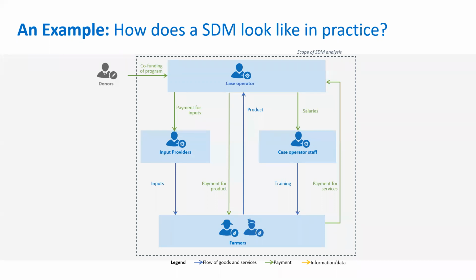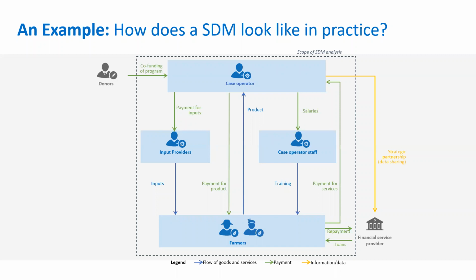Then again, for a lot of SDM operators, just having training and inputs is deemed not sufficient. You actually have to provide funding to the farmers. So sometimes you see SDM operators providing funding themselves, and sometimes you see them in strategic partnerships with financial service providers.